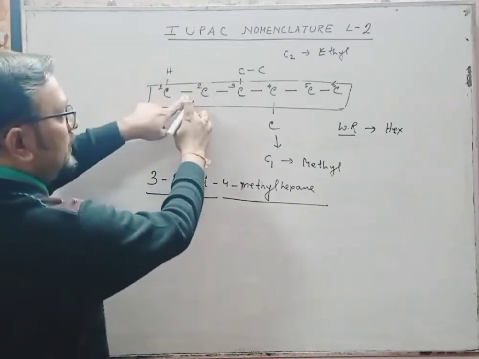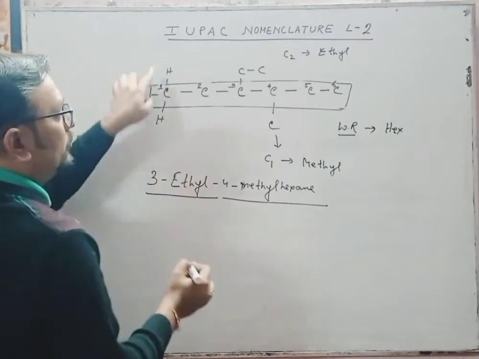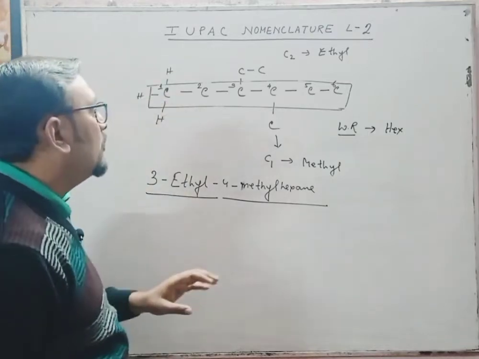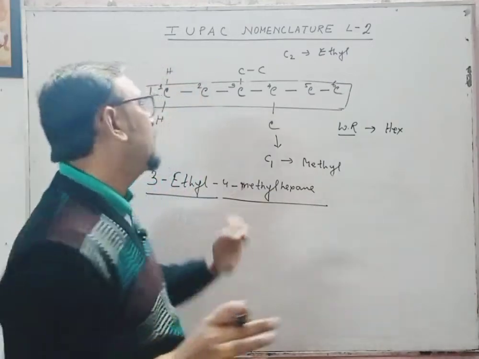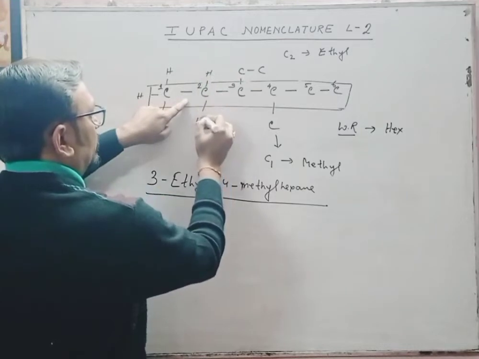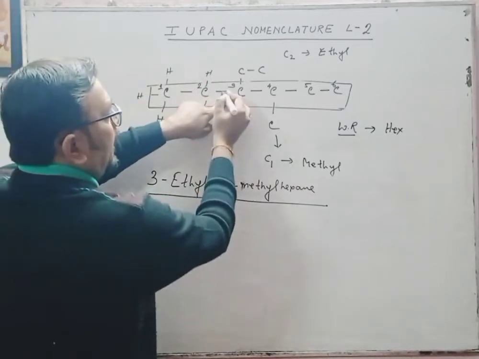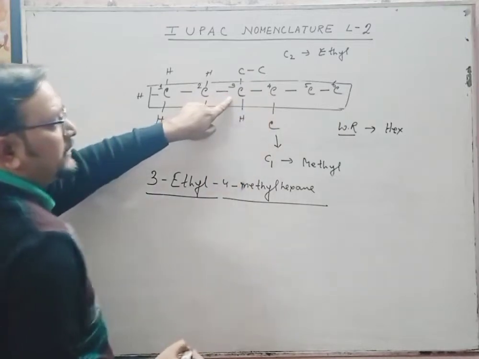And finally give the hydrogens. Count 1, 2, 3, 4. So you have to always give 4; you cannot give more than 4, because carbon is tetravalent. Here, 3 bonds are already given, so only one hydrogen we can give here.